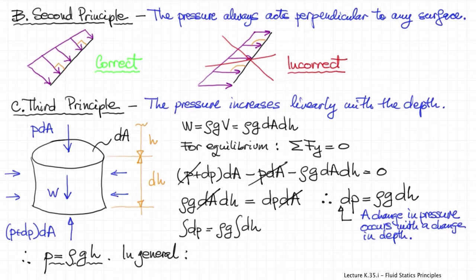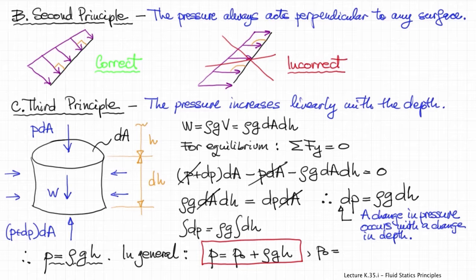Now, in general, we can write this expression as P equals P naught plus rho g H, in which P naught is the pressure acting on the surface of the fluid, where we start measuring the depth from, so where H equals 0. Now, this is a very important relationship, and it tells us again that the pressure increases linearly with the depth. So that's the third principle.